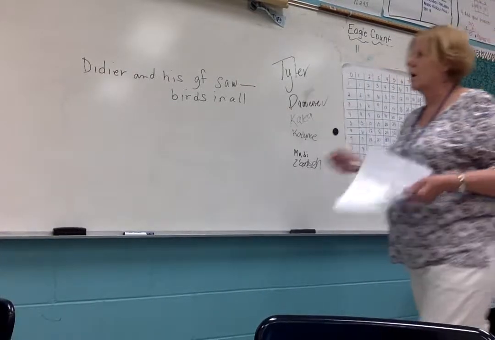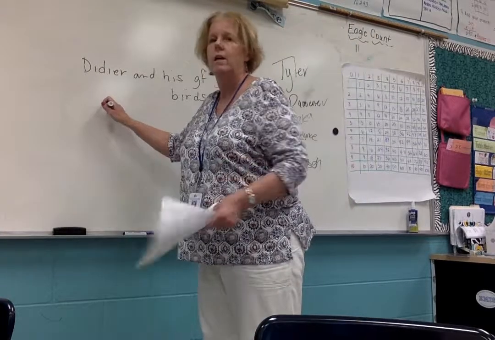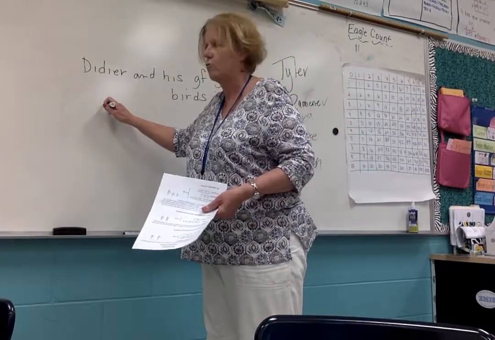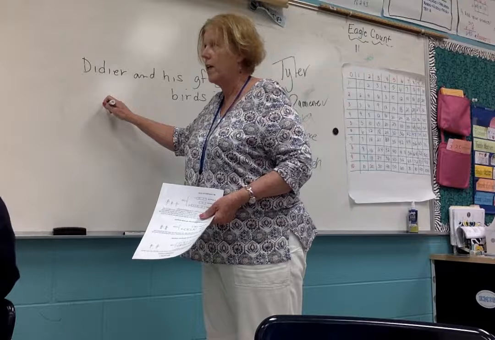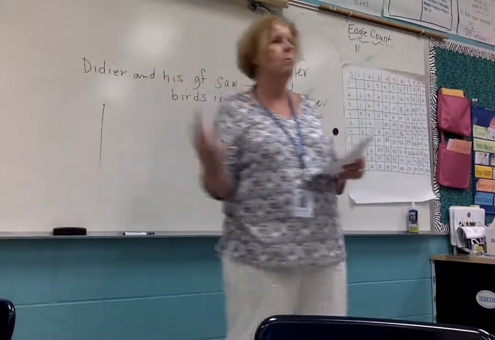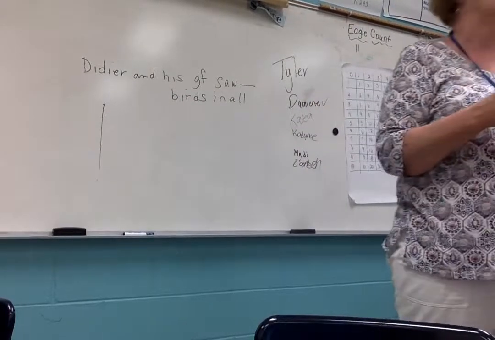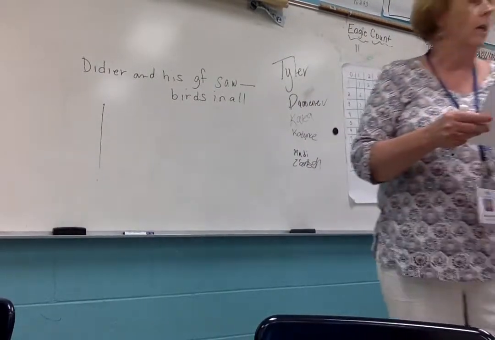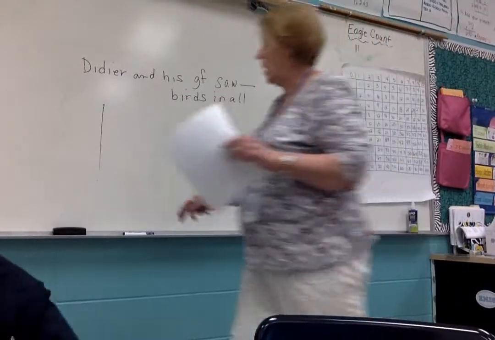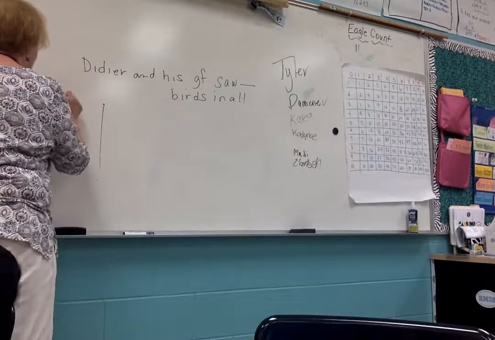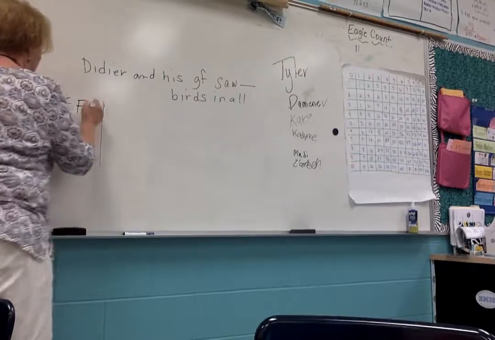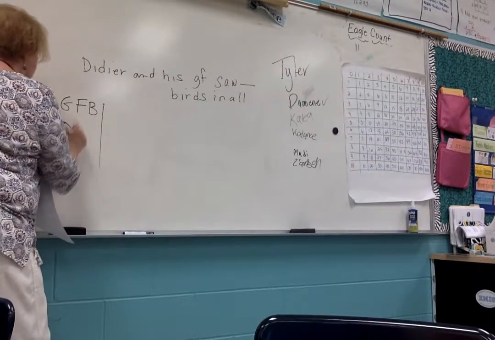Ready to go. Who's in my story? I'm going to come out of the gate. I'm going to draw my what, everybody? Starting line. I'm going to put my characters in. I love the way we're moving now. See, this is a given. Put those 3 steps in and we're ready to go. Who's in my story? Didier and his girlfriend. So I have girlfriend's birds, and I have Didier's birds.